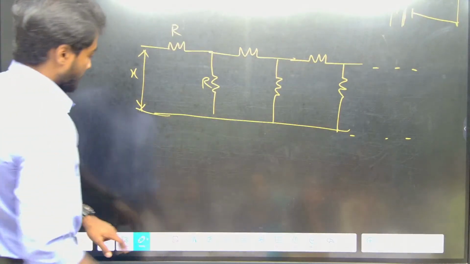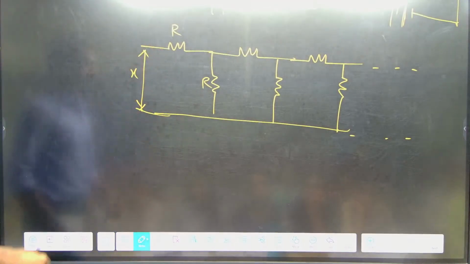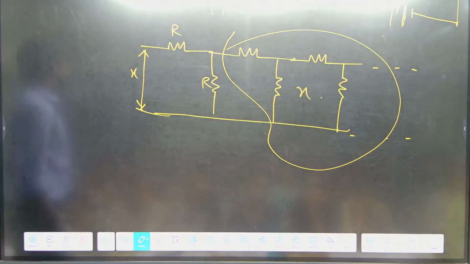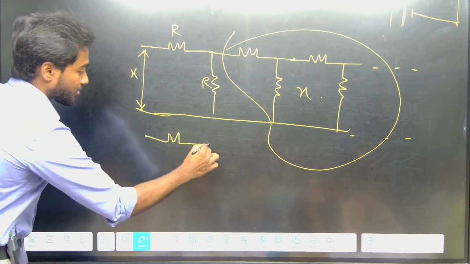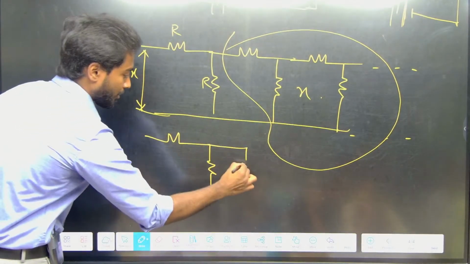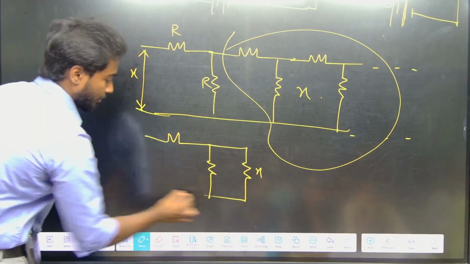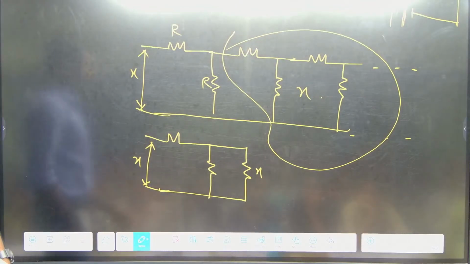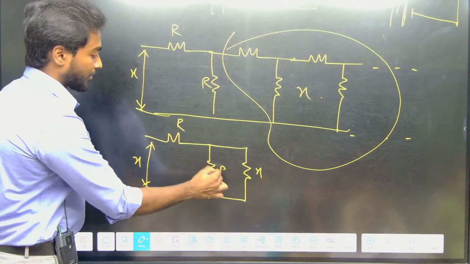If the potential difference is X, can I take this whole thing as X? Yes, no? So again one more resistance, and the other resistance is X, and the potential difference between them is also X. Any doubt? So this is R and this is R.